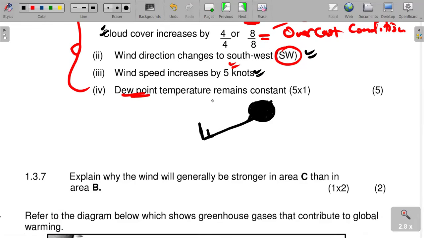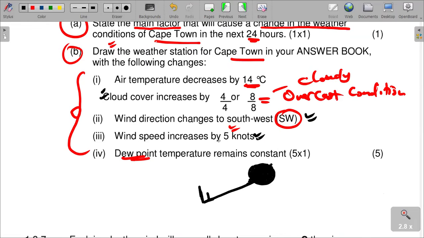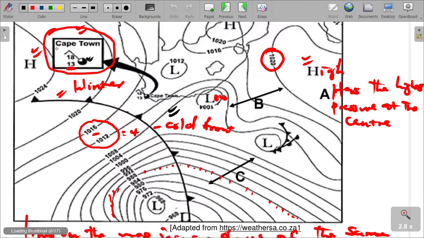We are told that the air temperature decreases by 14 degrees. Our air temperature was 18. 18 minus 14, we get 4. It should be 4.